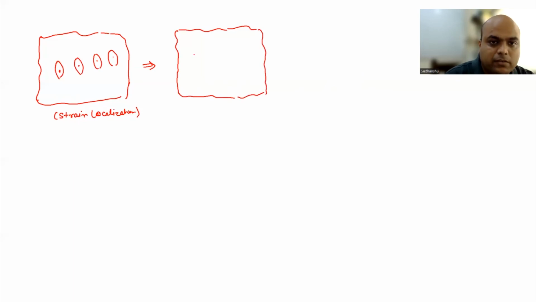So now what will happen? You are going to see the growth, and since the neck has formed, finally it will rupture. I'm just giving you the schematic of what is happening in between. This neck region is going to grow, right?